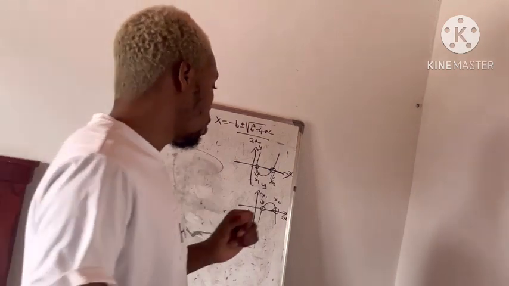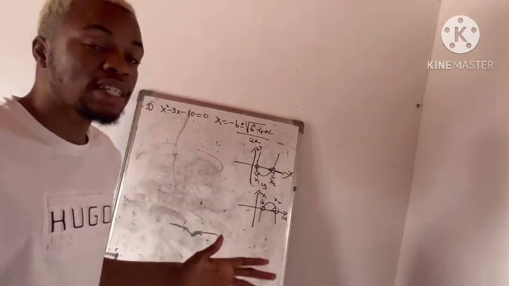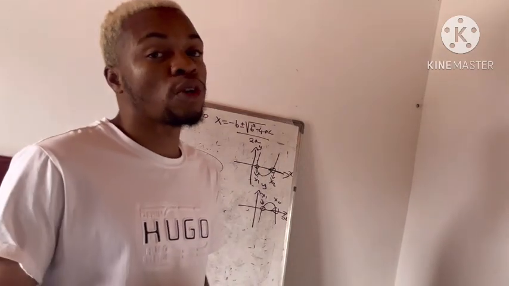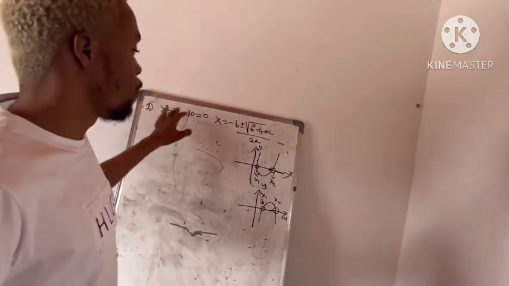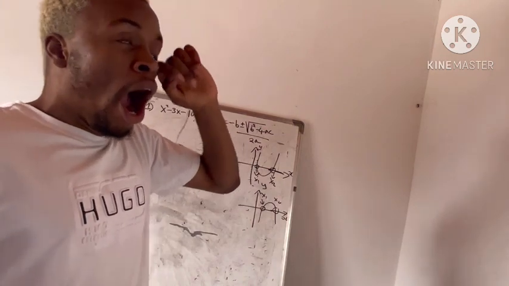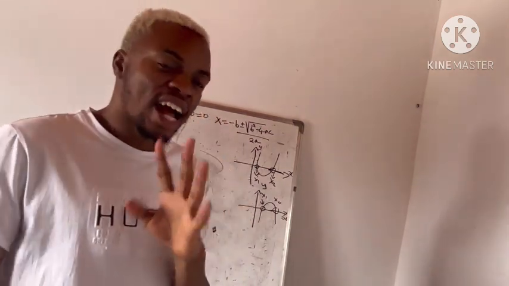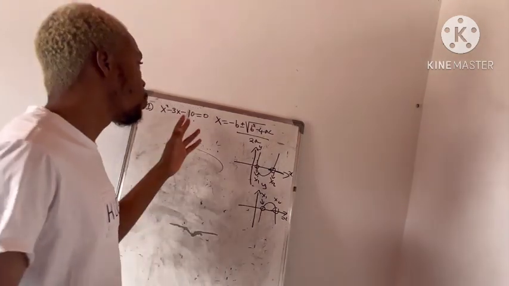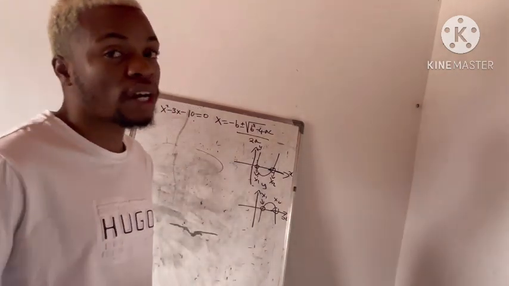Next, the other way of solving this is through factorization. All you need to do is factor out this equation and produce the solution. That's the way in which we are going to solve this equation right here.